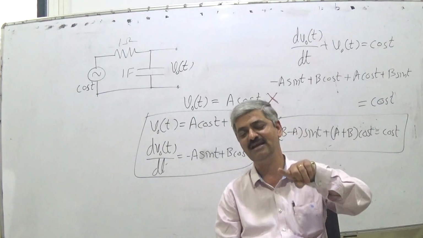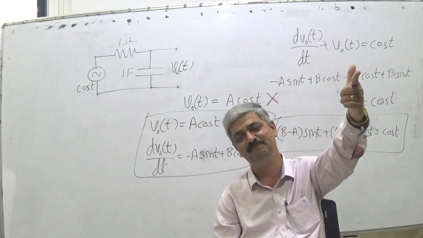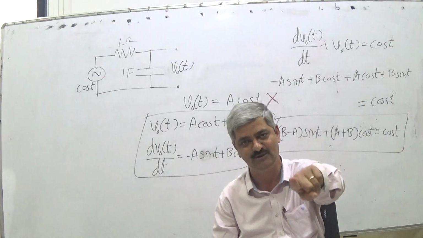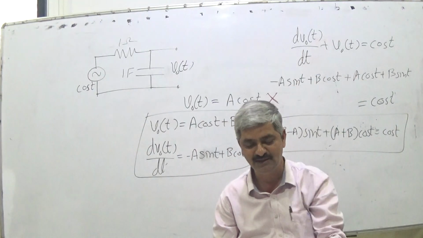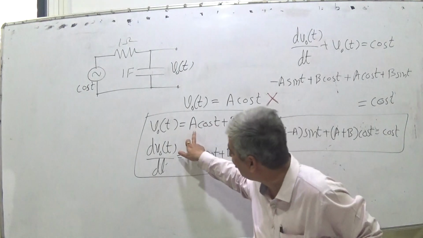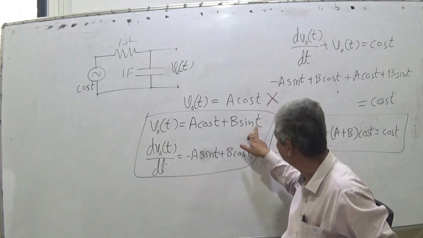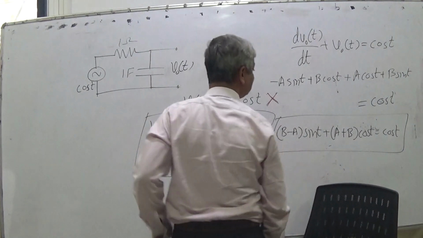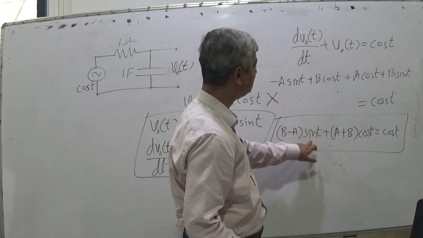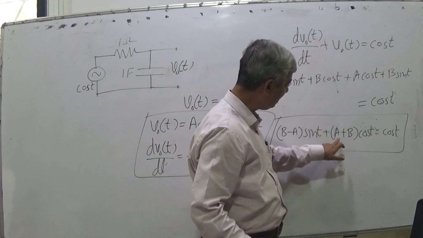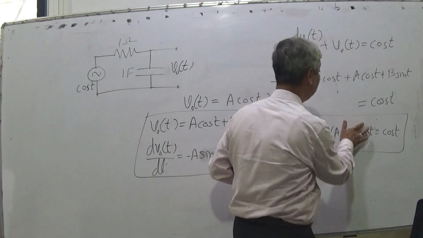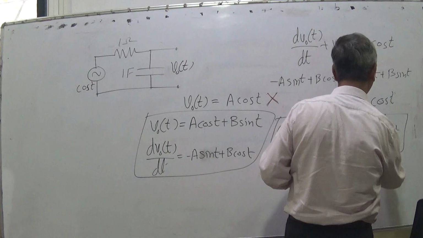Last time I said that if A plus B e raised to lambda t is a solution, then it gets converted into a high school scholarship level problem, and you can find the solution. Now I say let A cos t plus B sin t be a solution, and in that case it results in this: (B minus A) sin t plus (A plus B) cos t, and this should be equal to the input.